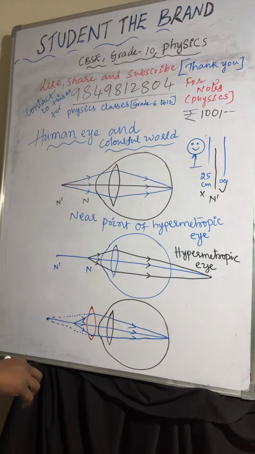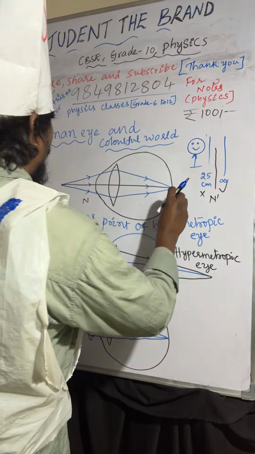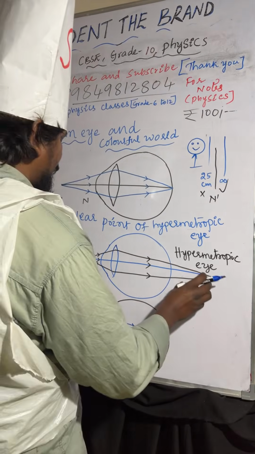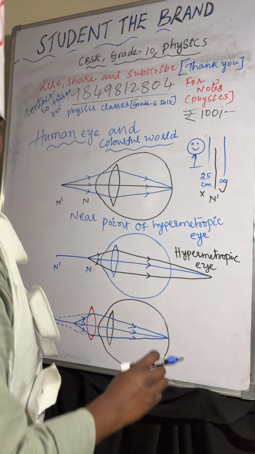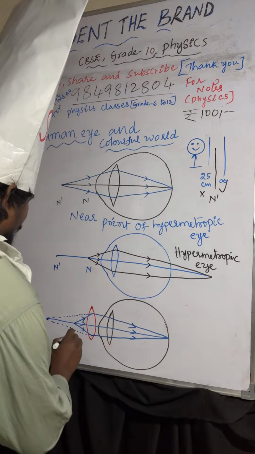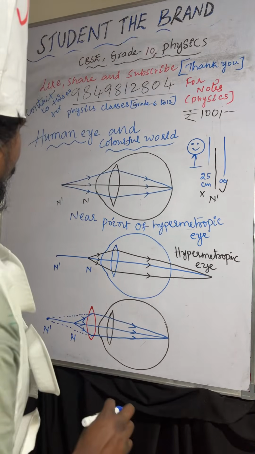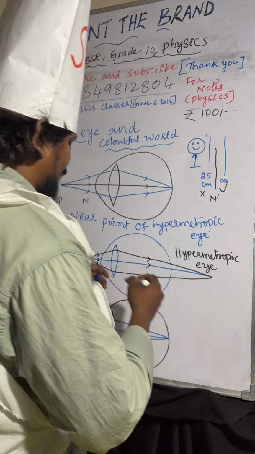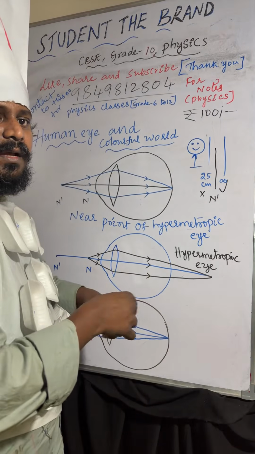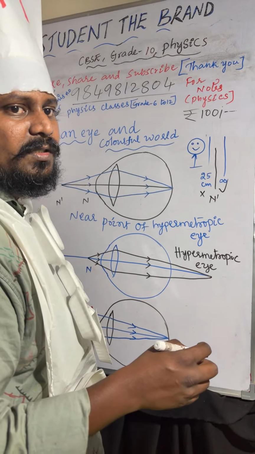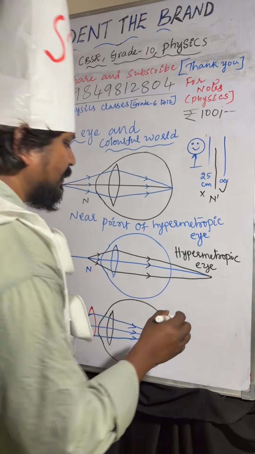So now you can see here the near point of the hypermetropic eye, and this one is the near point N dash. Correction of hypermetropic eye.